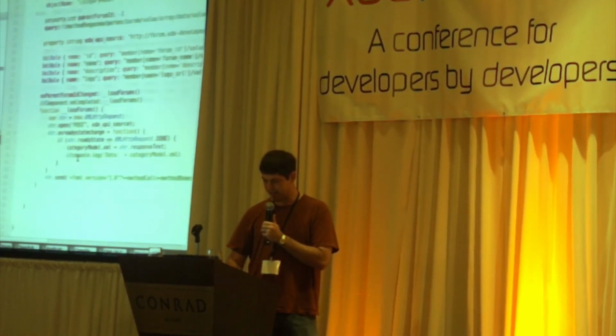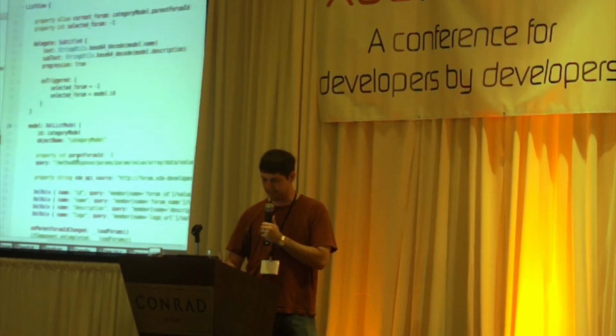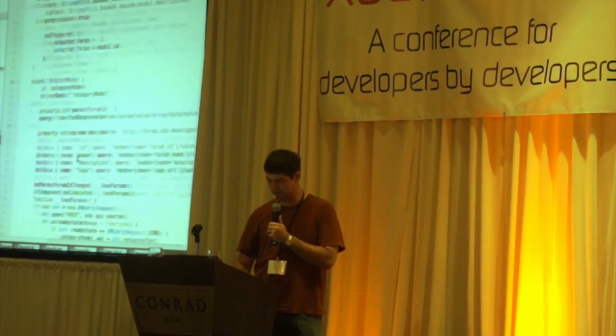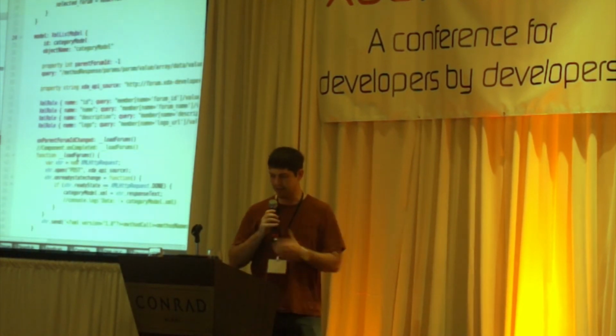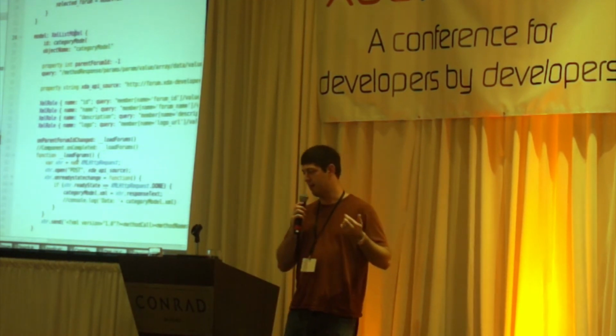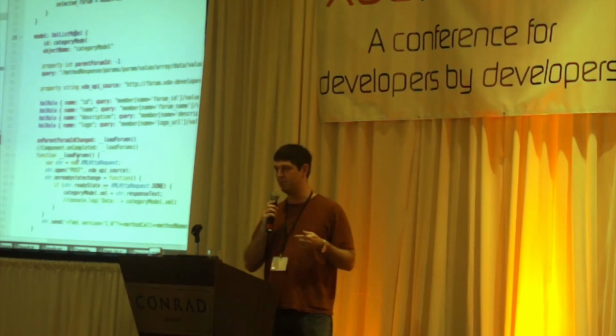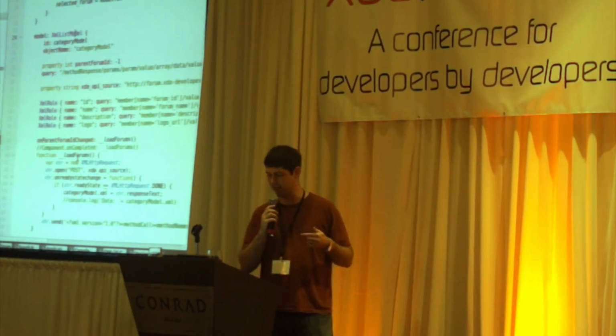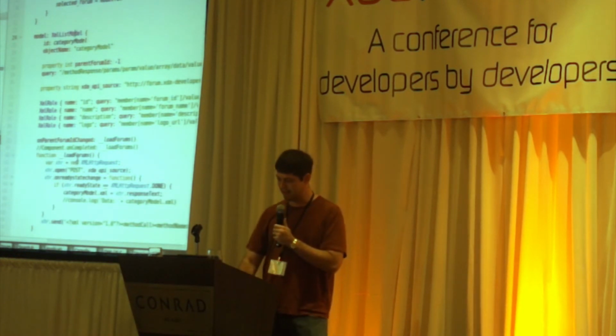So you can kind of see here, the list view itself just takes a model, and the model, you give it a query, you can give it a source directly if you want to. In this case, I actually had to send it some data in a post call, so I wasn't able to just give it a query.